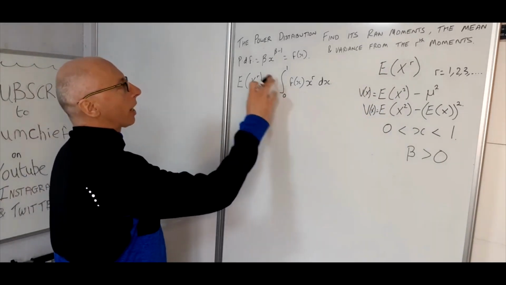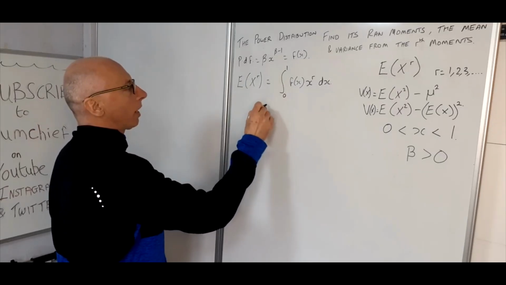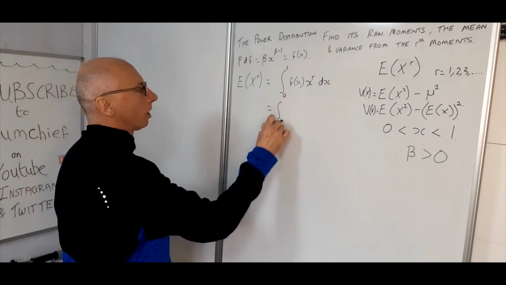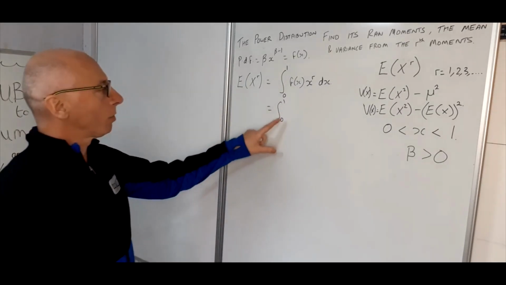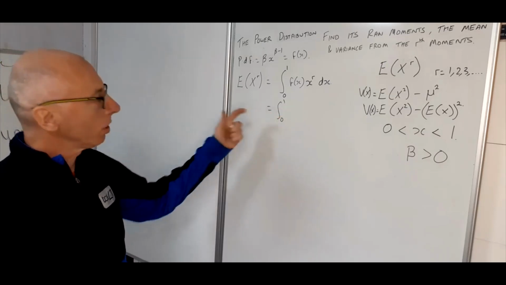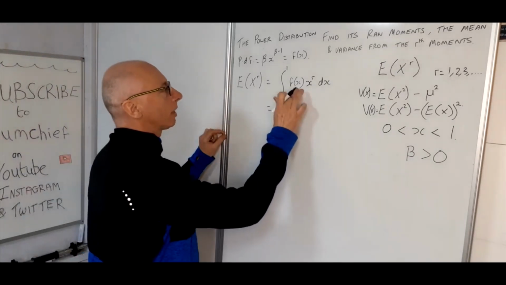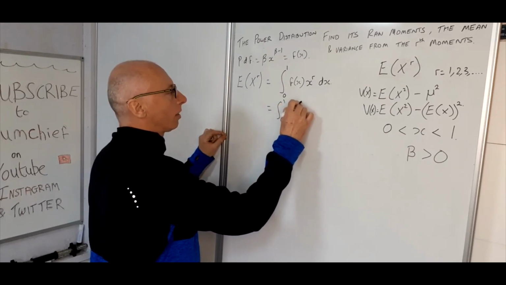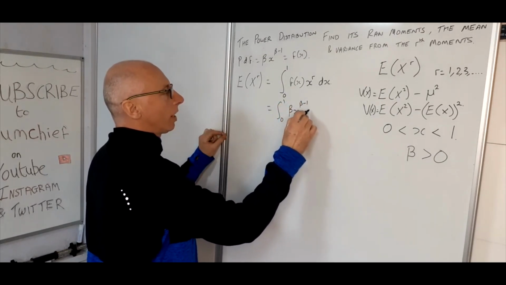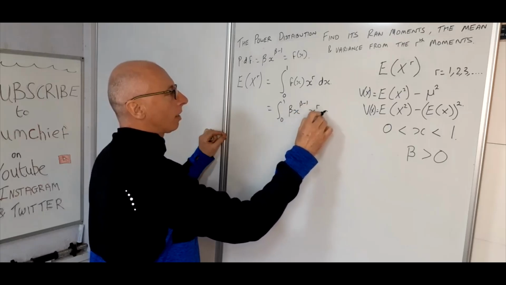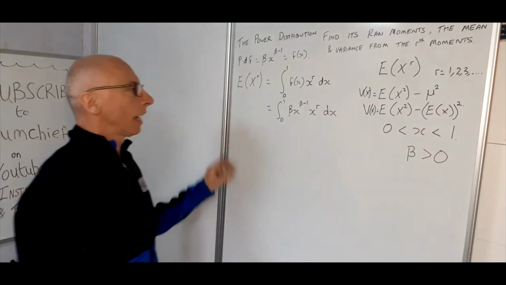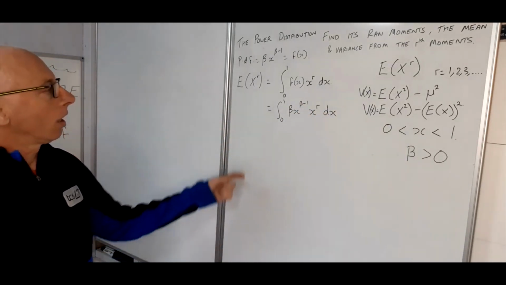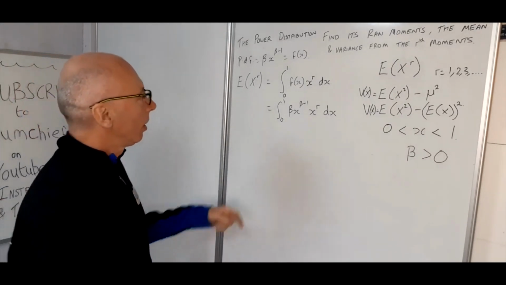So now for the f of x, I'm just going to plug in the formula for the power distribution. Our support is from 0 to 1, so we know that these parameters are correct. f of x is beta x to the power of beta minus 1, and that's multiplied by x to the r dx. Okay, so we need to do a little bit of algebra on this now.